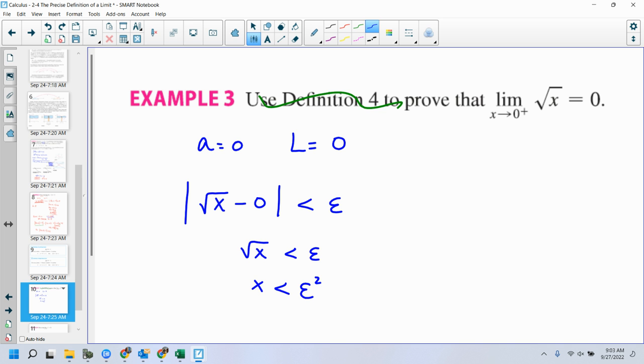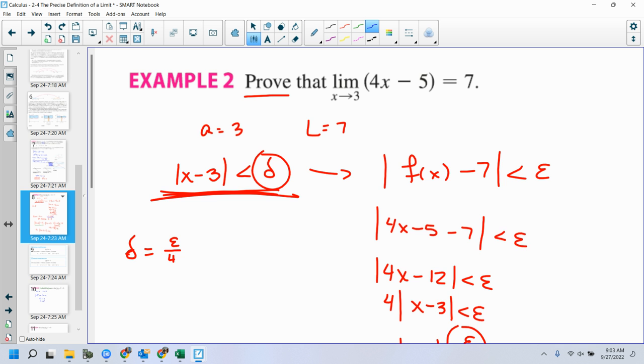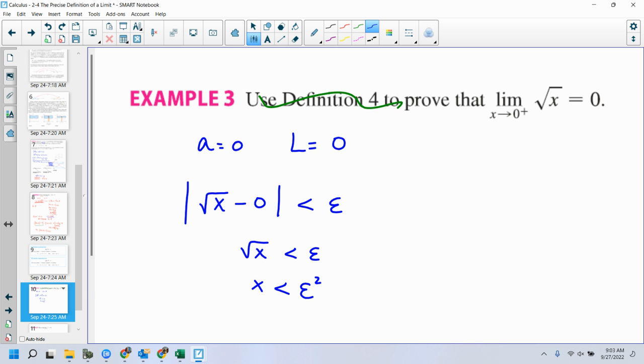Okay, now, what is my x minus a? Because that's what you have to look for, right? We were at, what was it, last problem? x minus 3. In this case, what's my x minus a? Well, what is x minus 0?